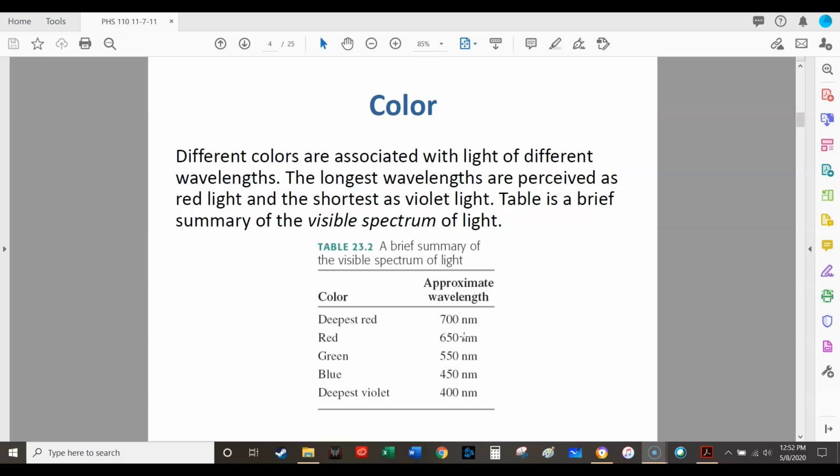And just as a nice midpoint, I'm going to keep green there too. Green is 550 nanometers. If you remember, the wavelengths go from ROY G. BIV: red, orange, yellow, green, blue, indigo, violet, right? So basically from 700 nanometers to 400 nanometers is the wavelengths of light that we actually see. And again, these are the vacuum wavelengths, okay?